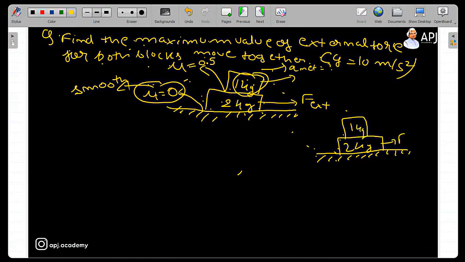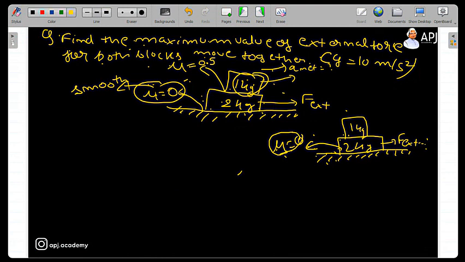Here F external is acting. Since there is no friction present between the ground and the 2 kg block, the friction coefficient given is 0. That is, the friction between the ground and the 2 kg block is 0. Friction coefficient 0 means that the surface is smooth. There is no frictional force on the 2 kg block.